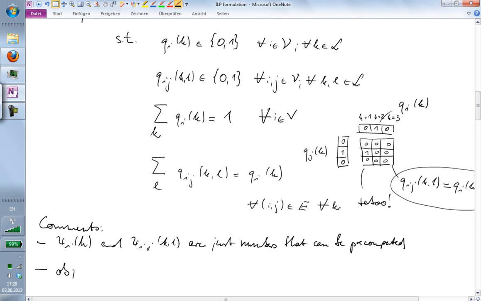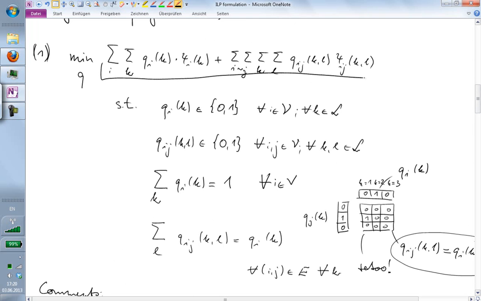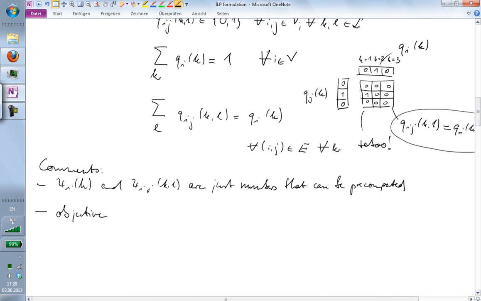Next, my objective. The objective is the thing that I want to minimize. So this here is my objective. The objective is linear in Q, where I define Q to be the collection of all these univariate qi's and all these bivariate qij's, for all i in V and ij in the edge set.